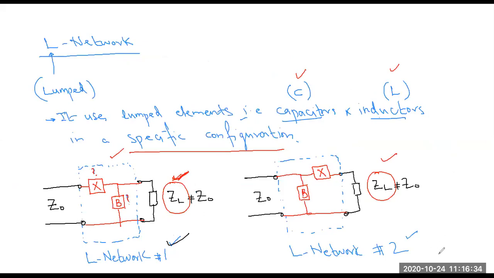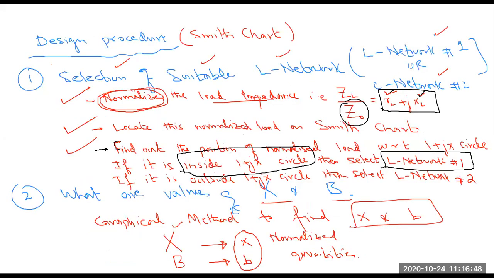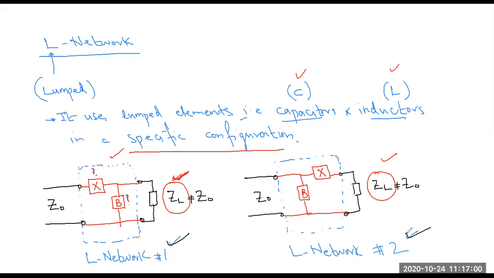Again, just to make sure you understand this whole process, if you are given an example such that after locating the normalized load, you find that it is outside of the 1 plus jx circle, this is another possibility. In that case, your choice will be L network number 2, which means now you will solve this circuit.